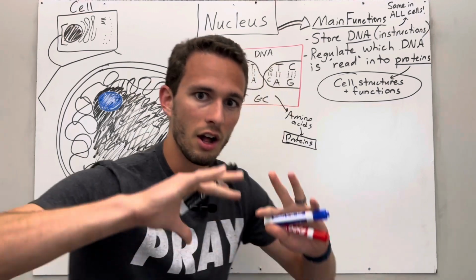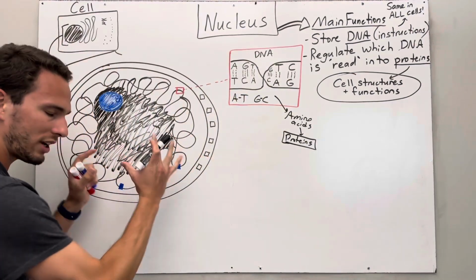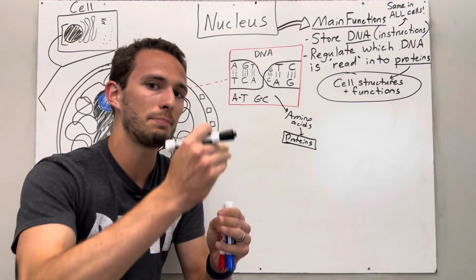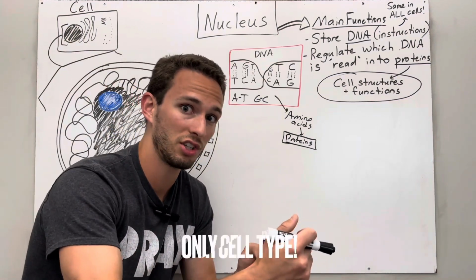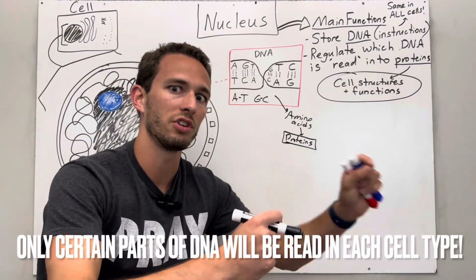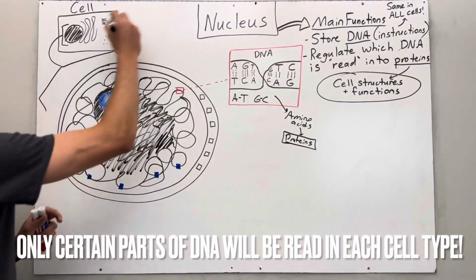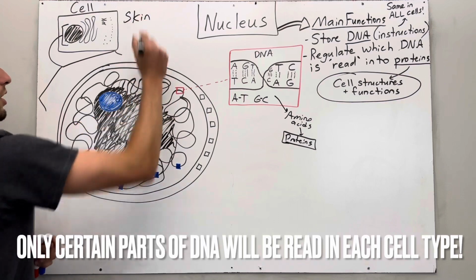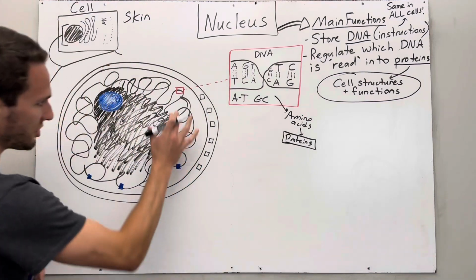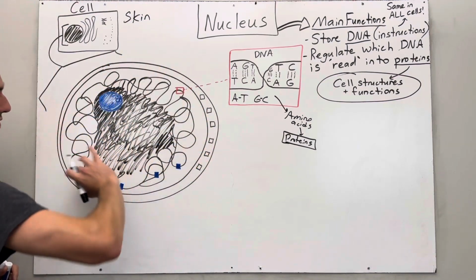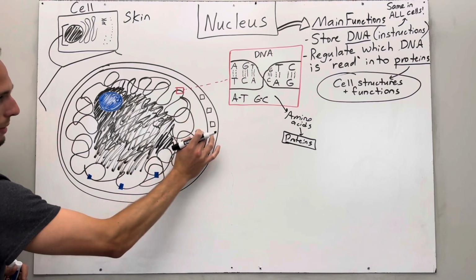Here's the key. The nucleus has to organize itself in such a way that the proper DNA instructions are read in different cells. Okay, so for example, if this is a skin cell, we are going to place different segments of DNA along the outside, and we're going to loosen them up a bit.